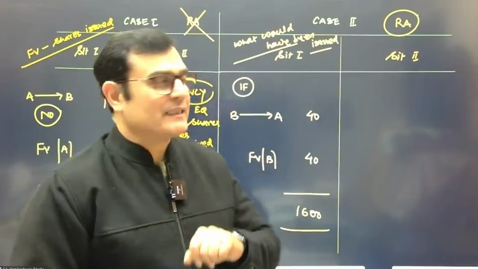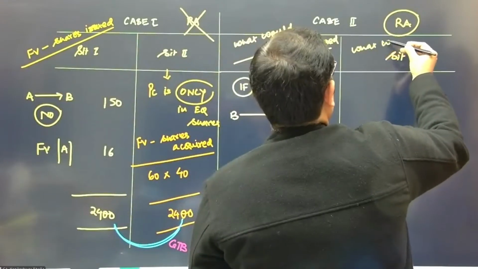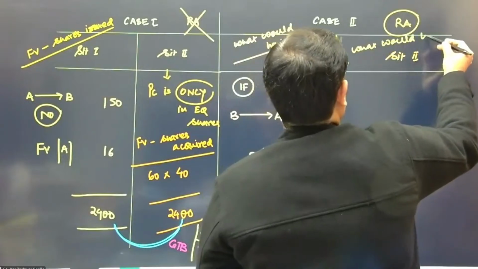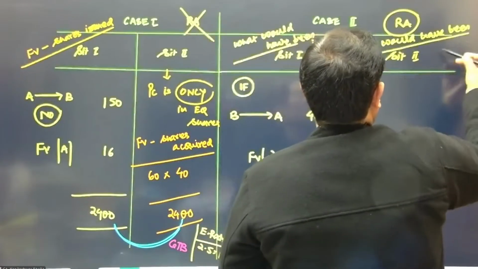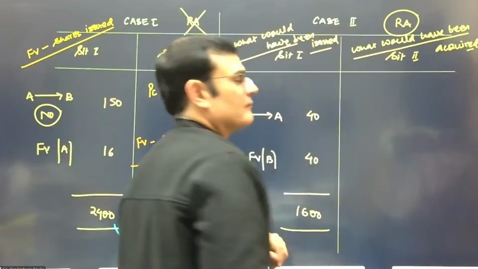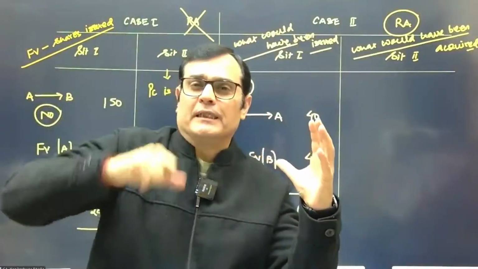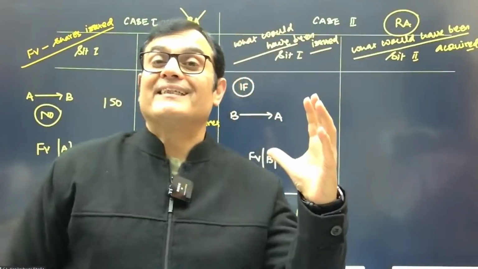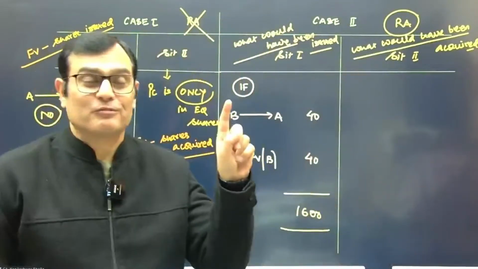I now need to understand what would have been acquired. So can you tell me what would have been acquired in terms of B? If B would have issued a total of 40 shares to A, how many shares would he get a control on? 100. That is the number of shares.